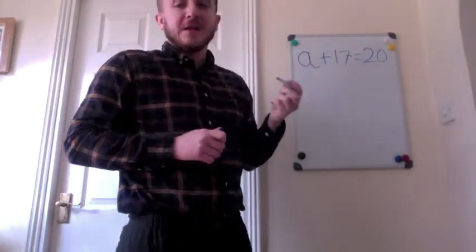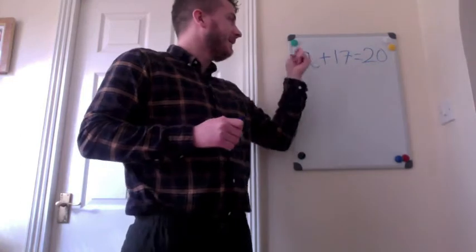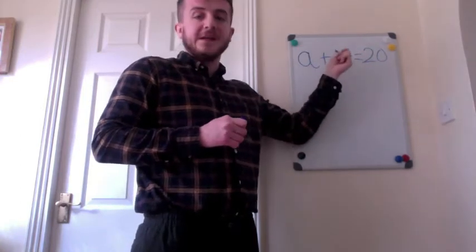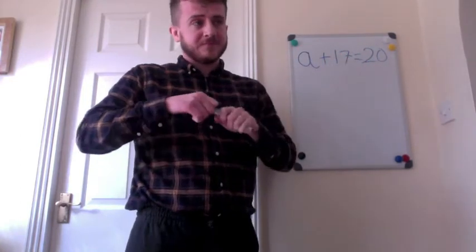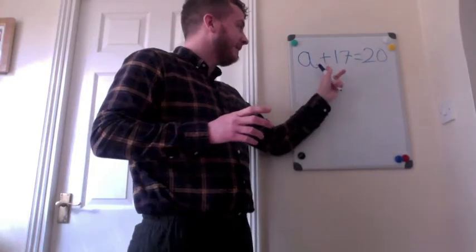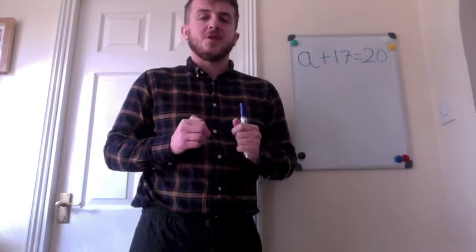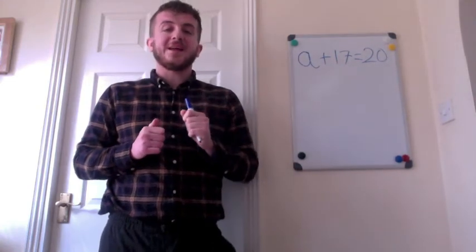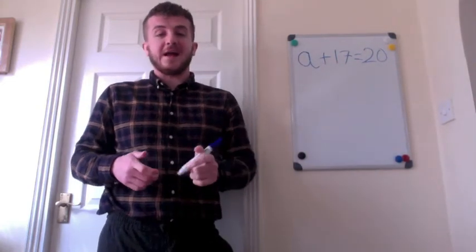Okay, so I have a very simple calculation. A plus 17 equals 20. Okay? Very simple. Since I am adding, in this instance, I need to do the inverse and I need to take away to find the value of A.